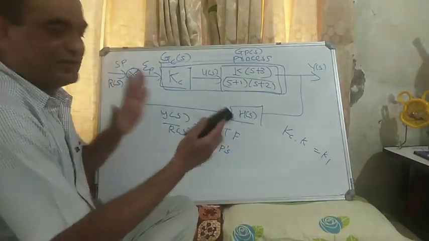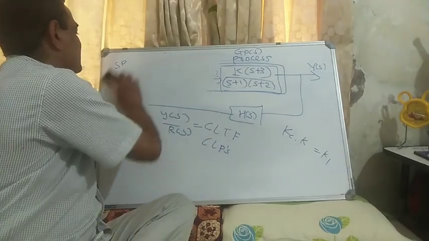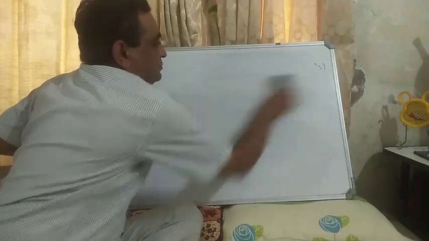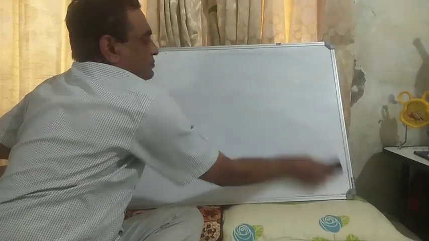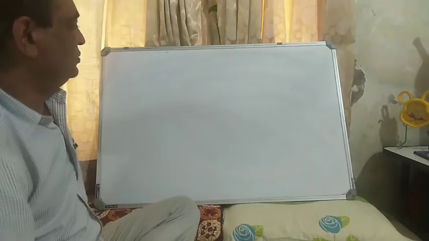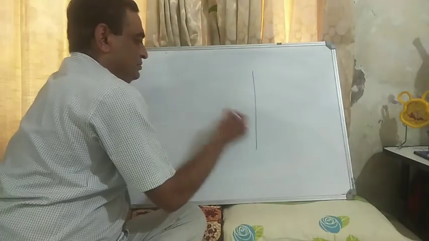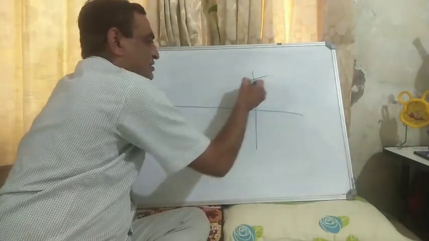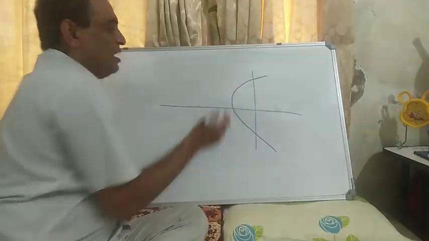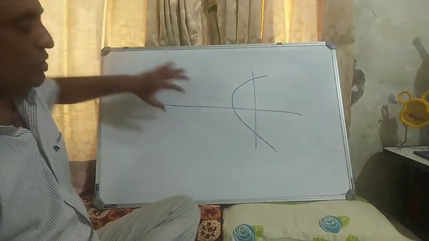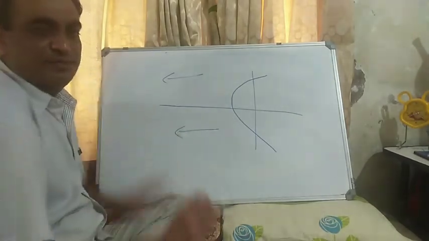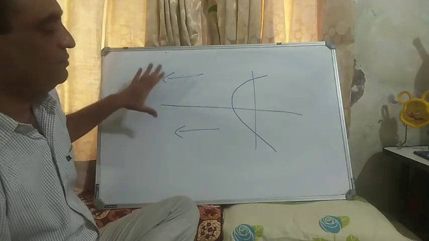All right, let us understand with the help of some diagram. For example, let's say this is the root locus. I will not worry about the root locus which is going towards the left hand side, because those parts are already stable.